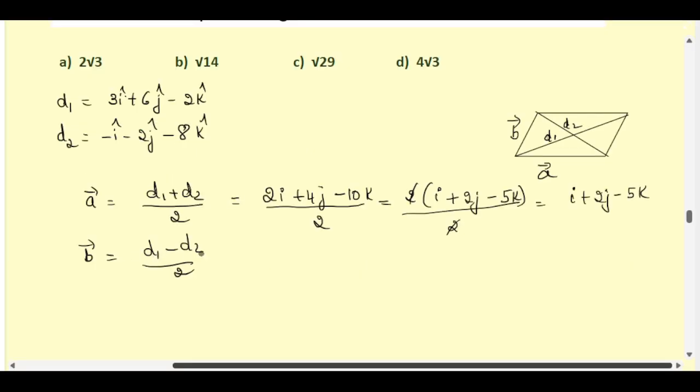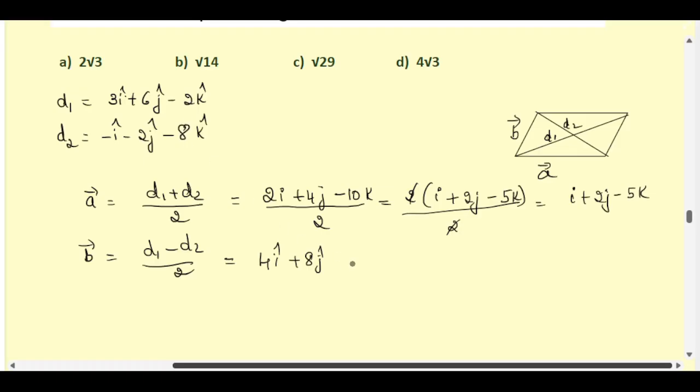Now let us find B vector. d1 minus d2. 3 minus of minus 1 is 3 plus 1, that is 4i vector, plus 6 minus of minus 2 is plus 2. 6 plus 2, 8j vector, minus 2 minus of minus 8 is plus 8.